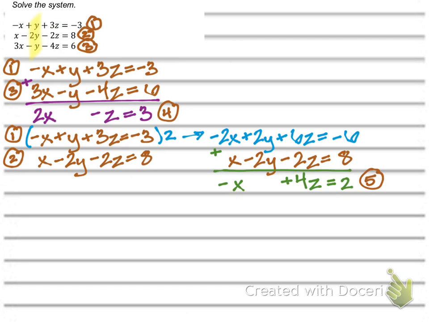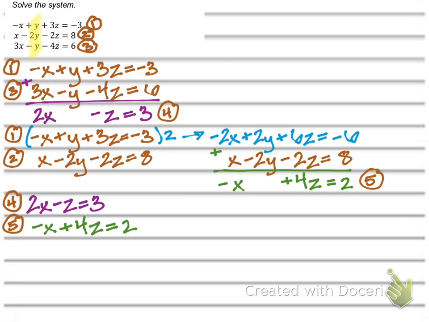So let's look at 4 and 5 together. So 4 is 2x minus z is 3. And 5 is negative x plus 4z is 2.